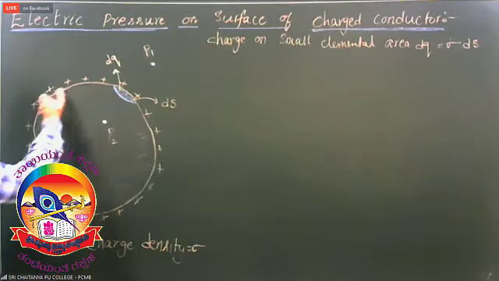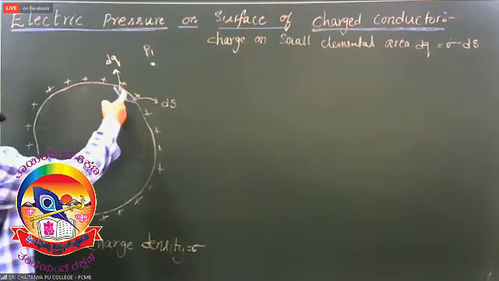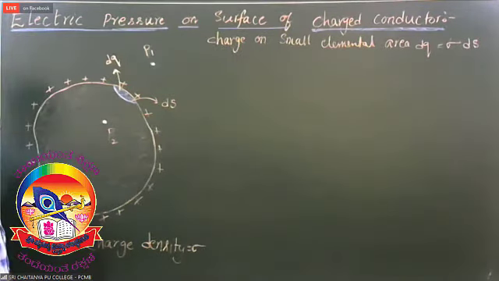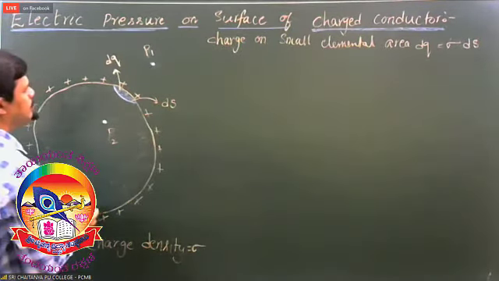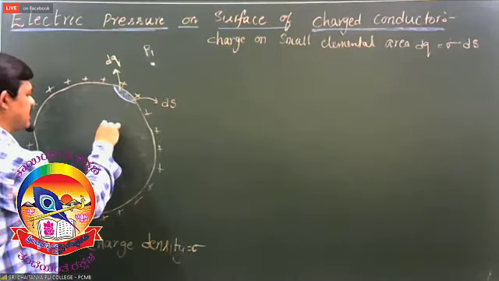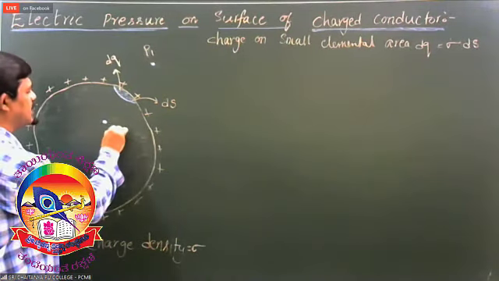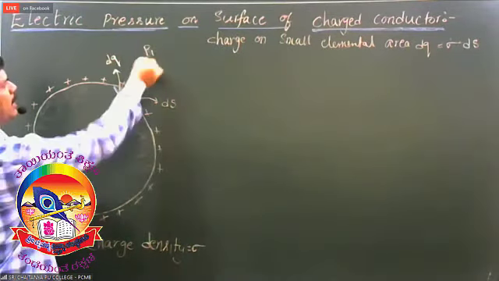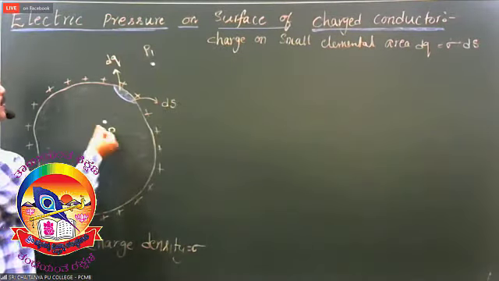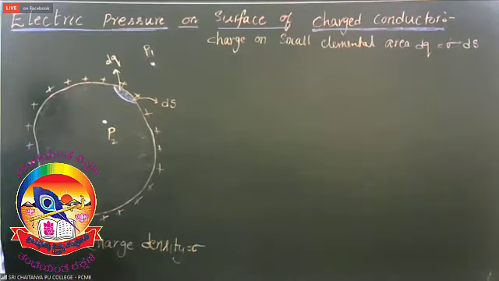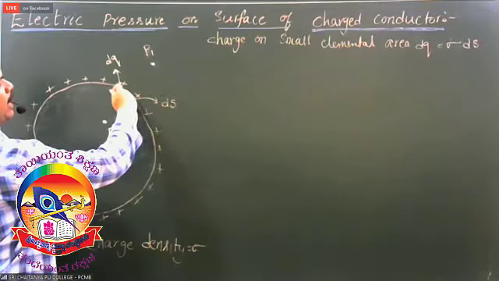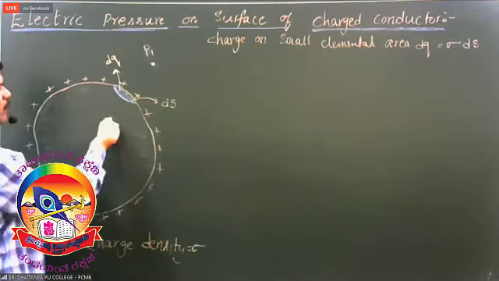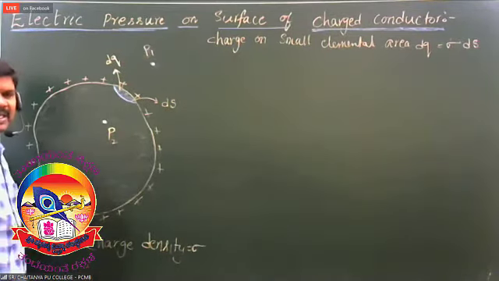Due to the remaining charge, a force is acting here, right? Okay. Now for that, here I consider 2 points, P1 and P2. This P1 is the point outside of the conductor. P2 is the point inside of the conductor.